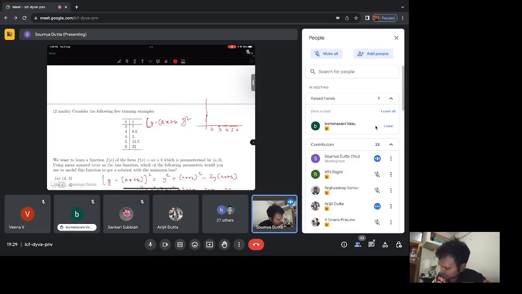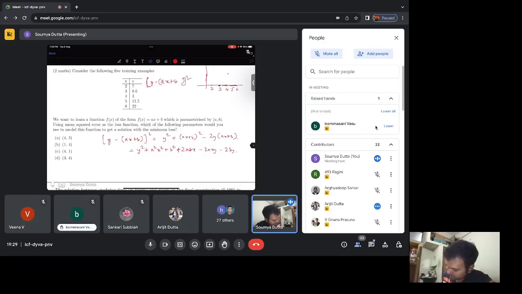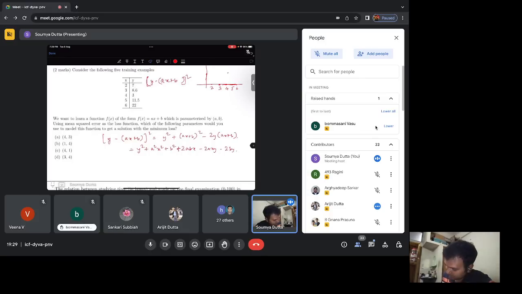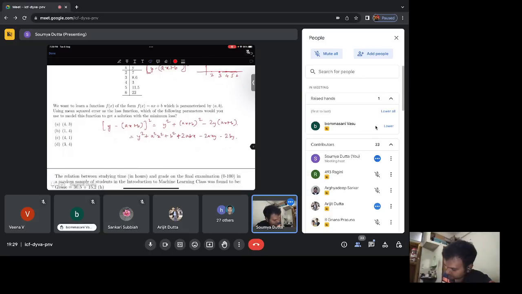Something 7, 8.6, then 3, then 11.5. I needed a calculator for this. This might be difficult to get anyway. What can I do? I need to take a derivative with respect to a, right? There is no simpler way to solve this, sir. No, I was checking that.